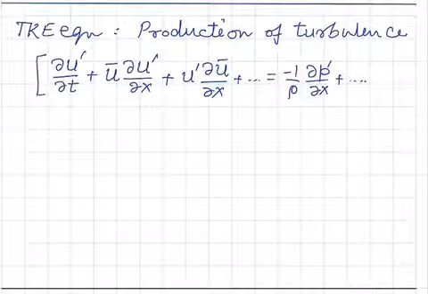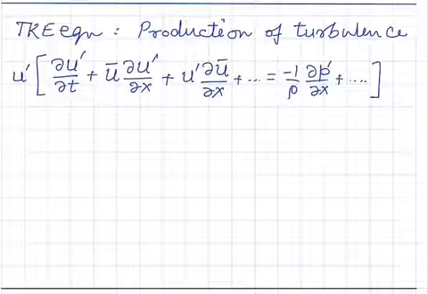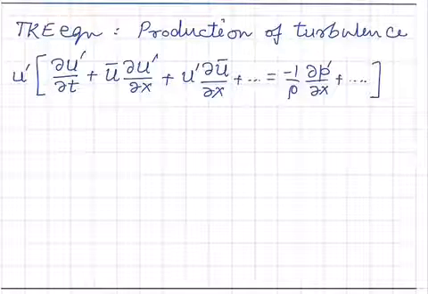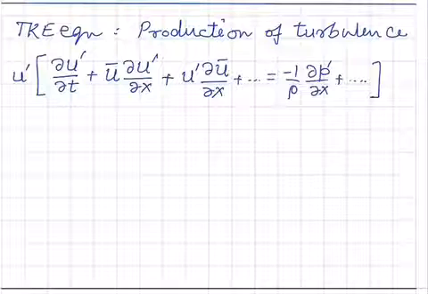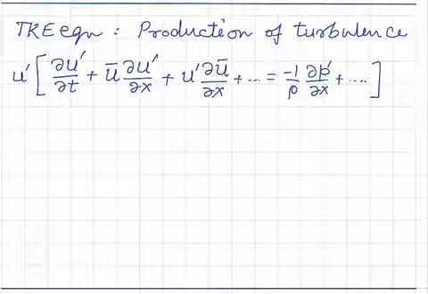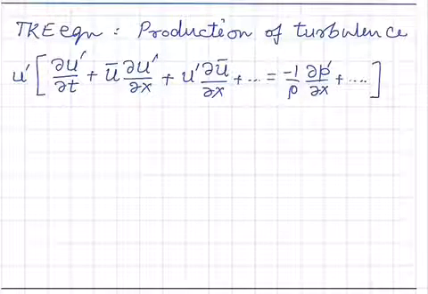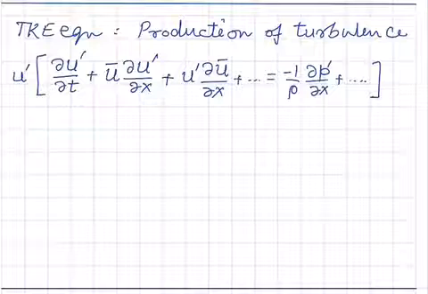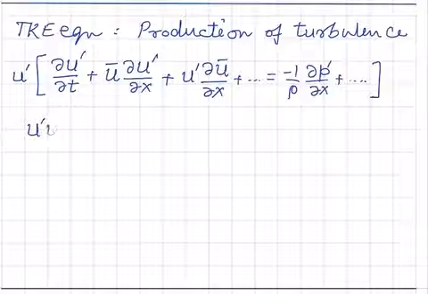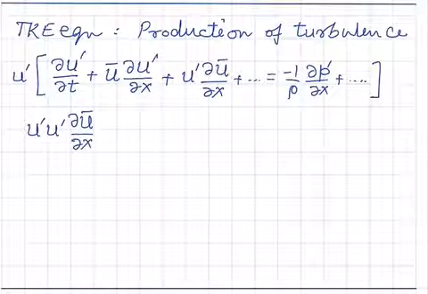We take this equation and take a moment of this equation with u prime, which means multiplying each term by u prime. The first term we had seen gives us the time derivative of turbulent kinetic energy. The second term gives us the mean convection effect. We will now look at the third term, which is of the form u prime du bar dx.